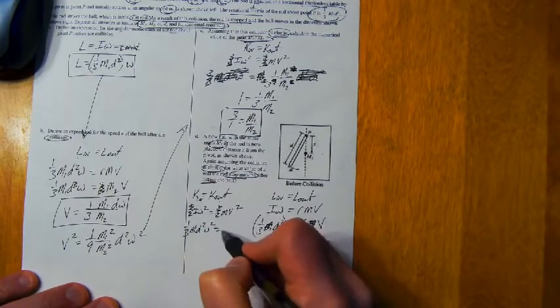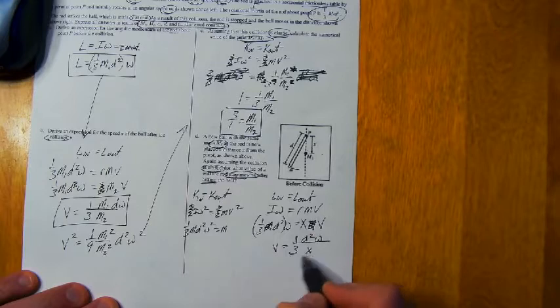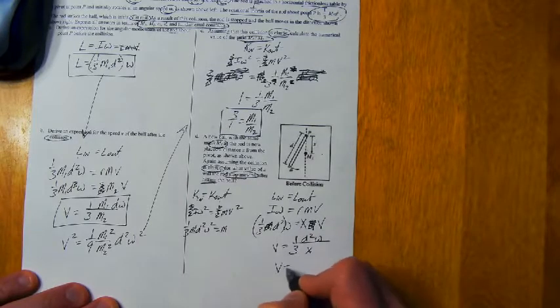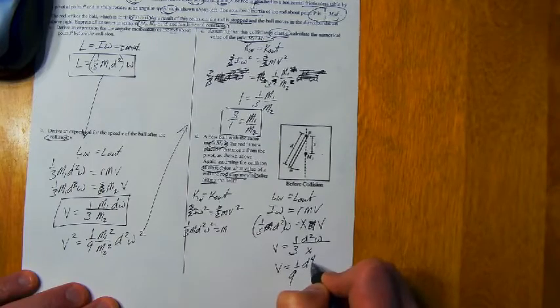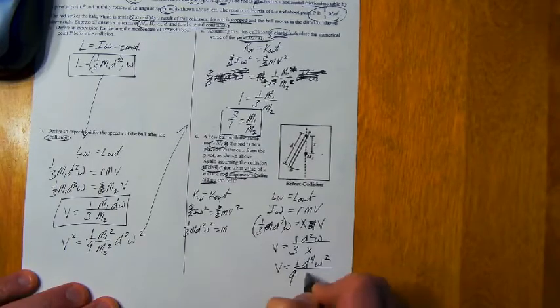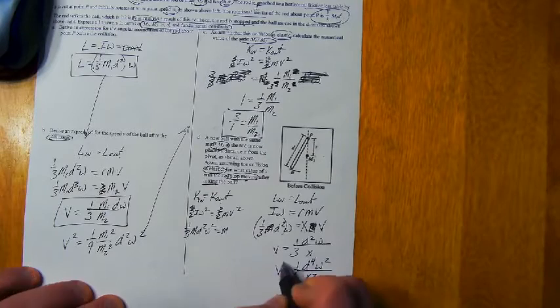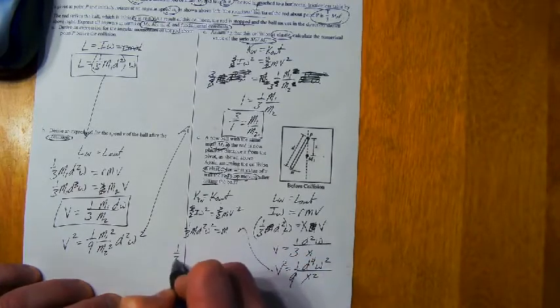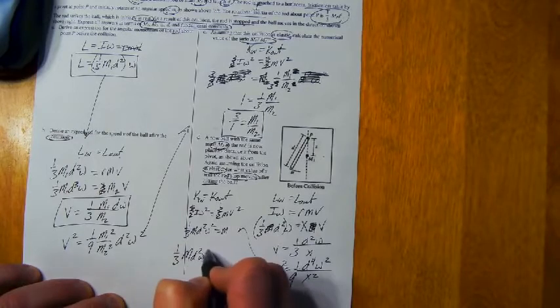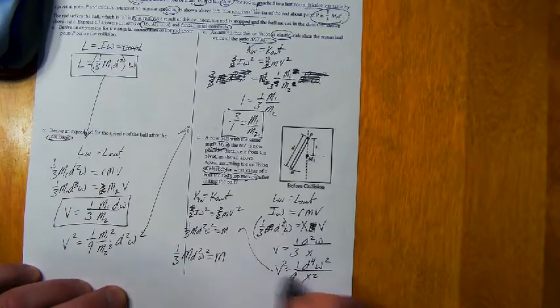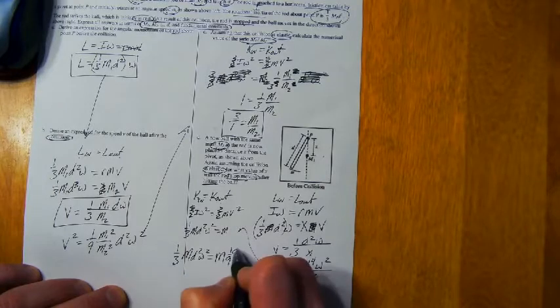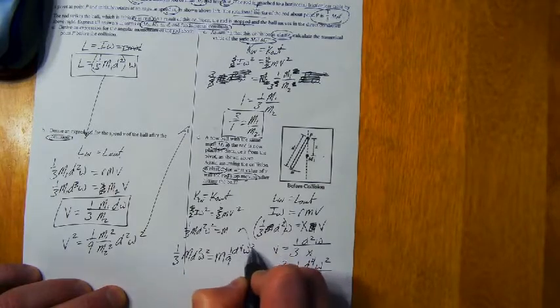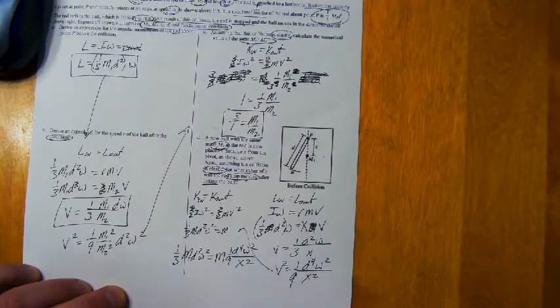My mass of the ball is also m, and the velocity we just found over here, so I can square this also, 1/9 d to the 4th omega squared over x squared, and put that in up here. So 1/3 md squared omega squared equals m 1/9 d to the 4th omega squared over x squared.